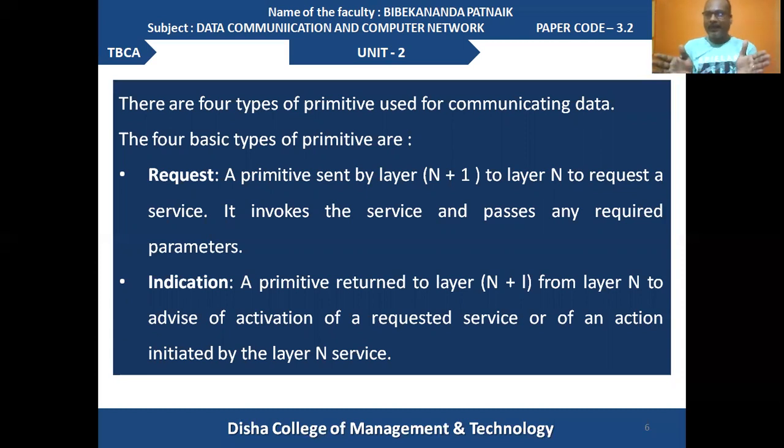So in this manner, if a particular user sends a request, अगर एक user जैसे कि in this case A अगर एक request भेज रहा है B को, तो B उसको सबसे पहले by the help of the service provider which should provide the indication, से indication ये कर रहा है जैसे कि आपका एक request आया है.